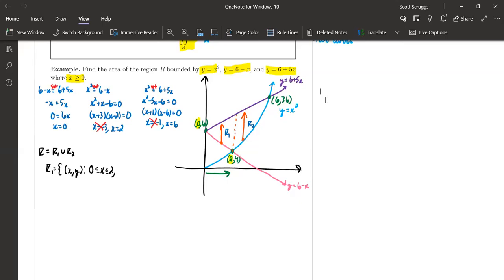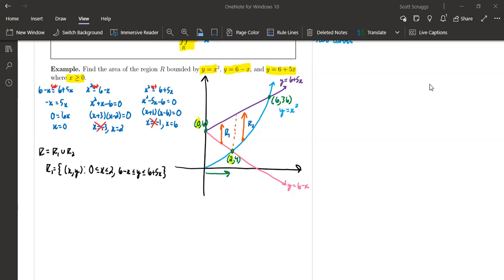Now in R1, y is going from curve to curve. The smallest curve with respect to y is 6 minus x, and the largest curve is 6 plus 5x. Again, my lower curve is 6 minus x, and my upper curve is 6 plus 5x. So now I have R1 set up.